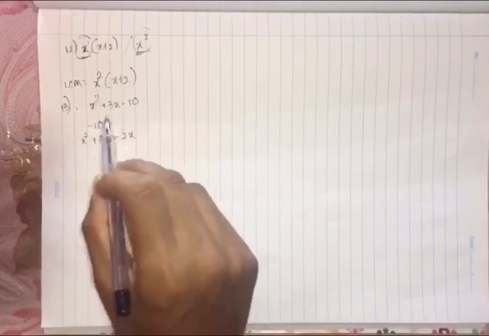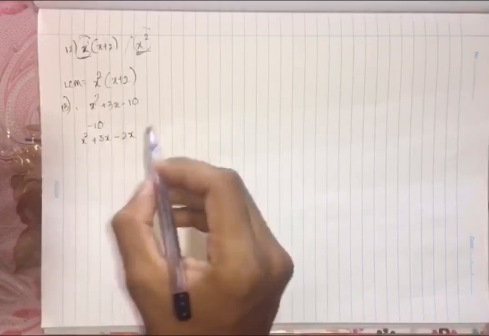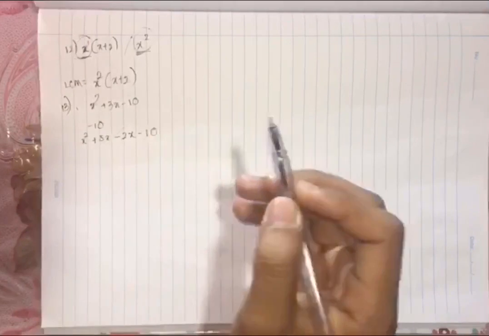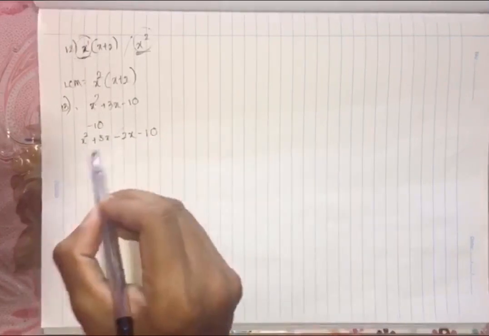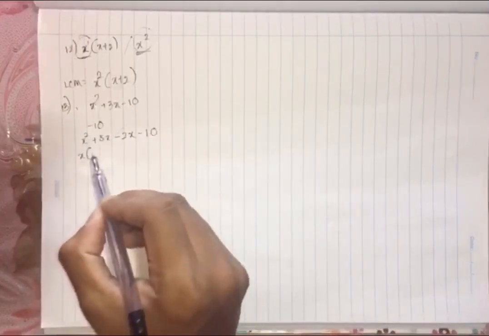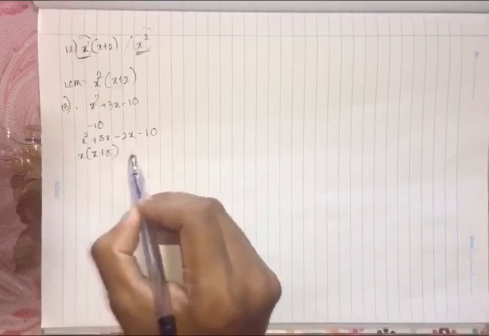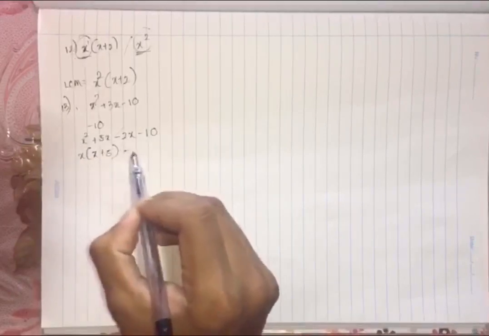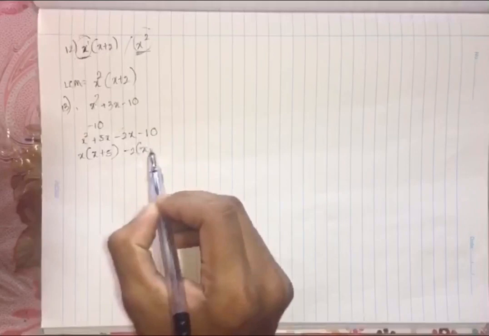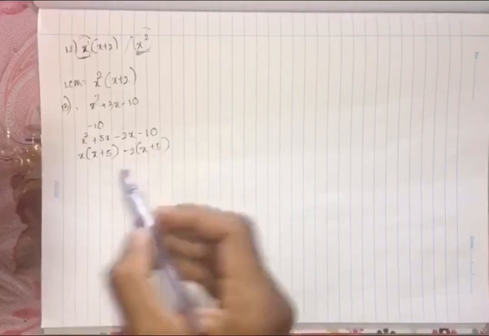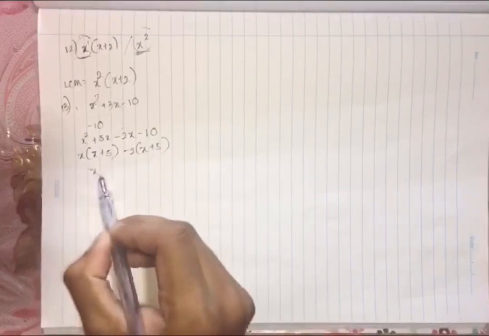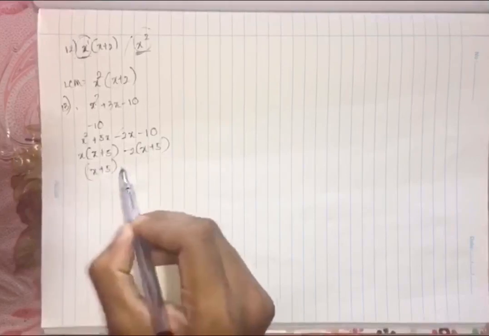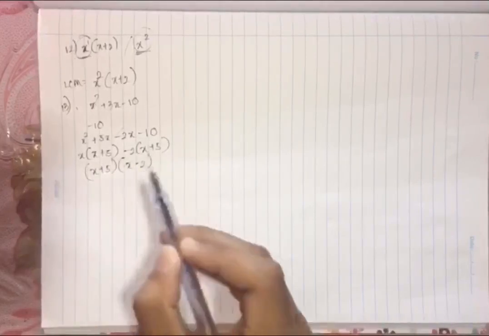Adding these two will give you plus 3x. And then finally you have minus 10. So taking the common term out, x is out, x plus 5 is left, and the common term here is minus 2, x plus 5 is left. So what are the common terms? You have x plus 5 out and then x minus 2 left.